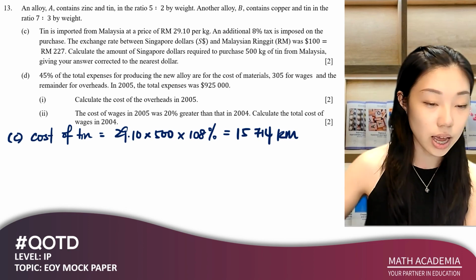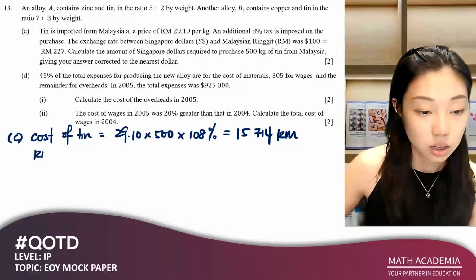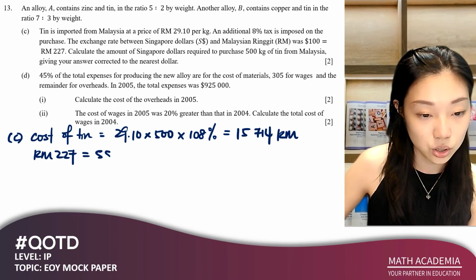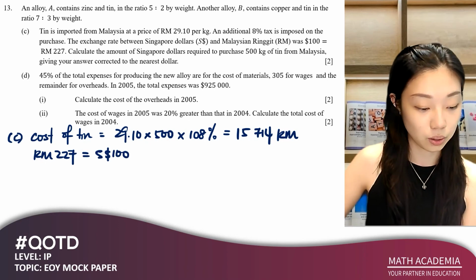Then I need to convert this to Singapore dollars. So previously I know that 227 ringgit is converted to 100 Singapore dollars.